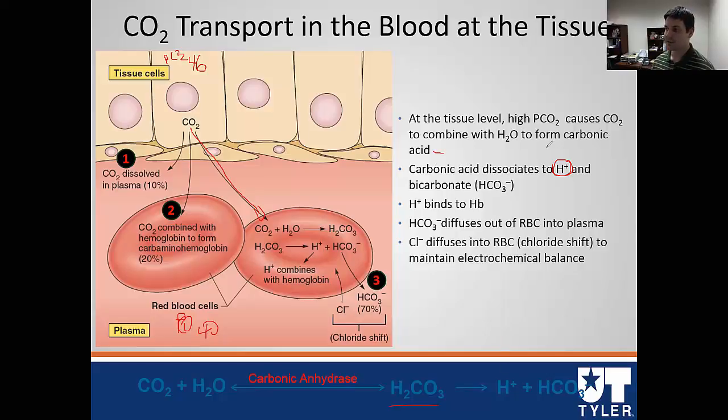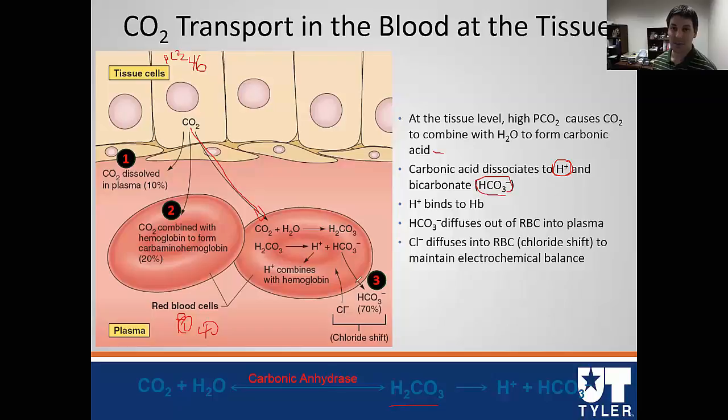Inside this red blood cell, carbonic acid then dissociates into a hydrogen ion and HCO3, which is bicarbonate. This hydrogen ion will ultimately bind to hemoglobin. Bicarb will go out of the red blood cell.